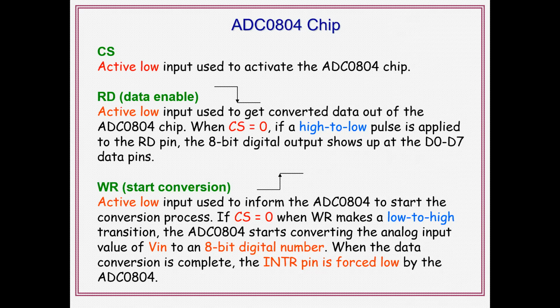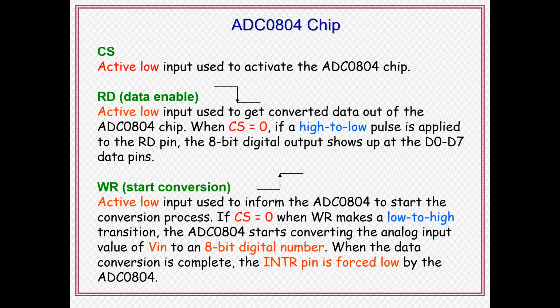When CS bar equals 0, if a high to low pulse is applied to the RD bar pin, the 8-bit digital output comes out at the D0 to D7 data pins. So we require a high to low transition on this RD bar.